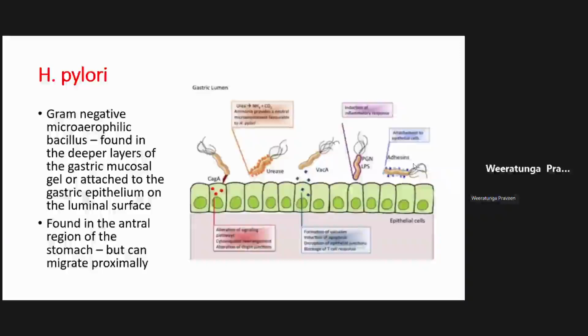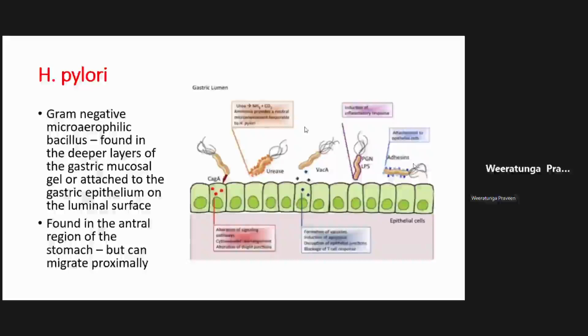The interesting thing about this organism is that it produces urease, which breaks down urea into ammonia. That ammonia nicely neutralizes the hydrochloric acid around the organism, and that helps the organism to survive.